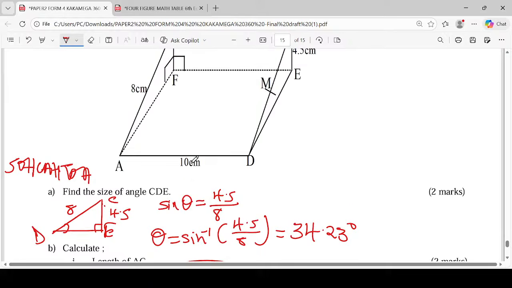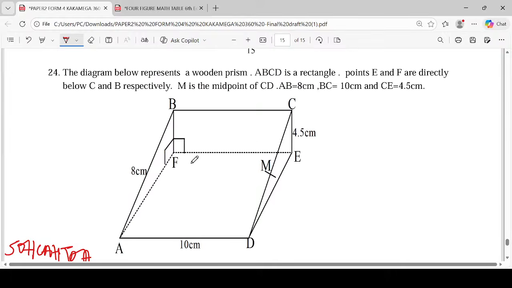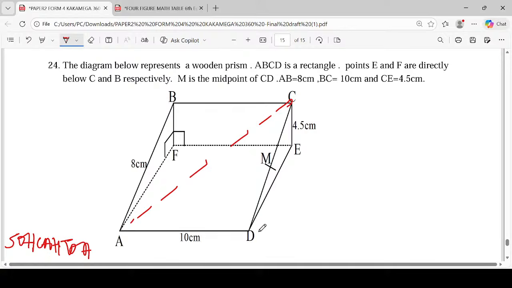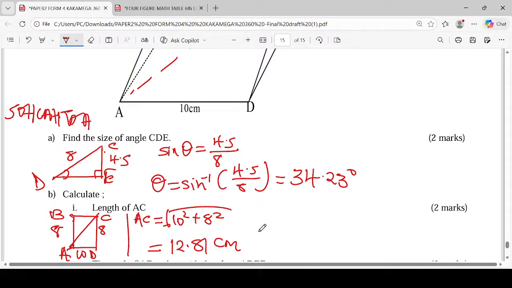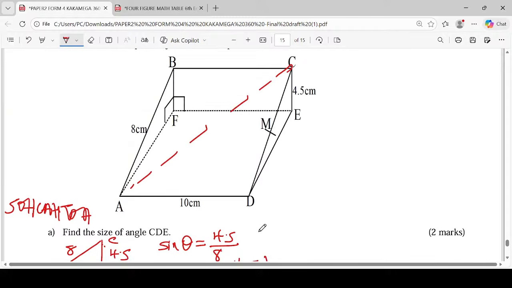CAE, let me join that plane, CAE. Wonderful question. And the plane, let me see, ADEF, CAE, this is the plane.